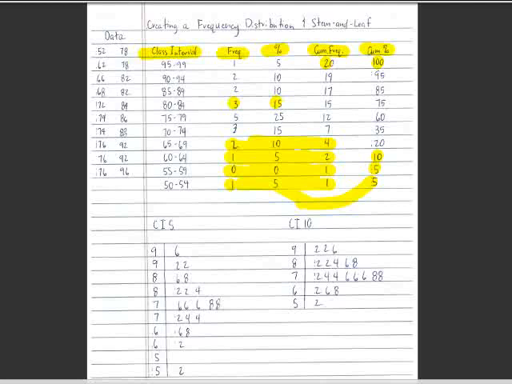And then 10 plus the percent of scores in the class interval above it, 10 plus 10 is 20. And again, you can work your way all the way up that column until you reach the top, and it should indicate that you have accounted for all of the scores. So again, that top number should be 100%.